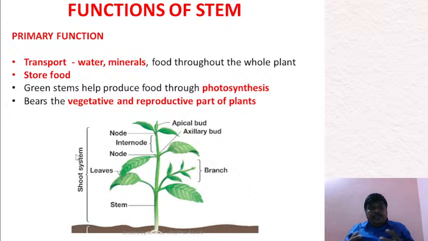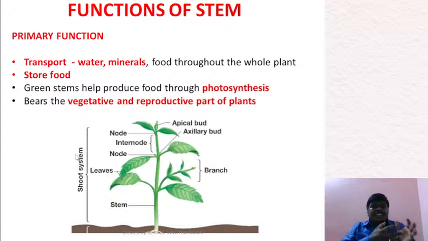Sometimes the stem will be green in color, and it does the process called photosynthesis. So I'm just explaining the primary functions. They transport water and minerals, and they transport the food substances. And sometimes the stem will be green in color, and it does photosynthesis.